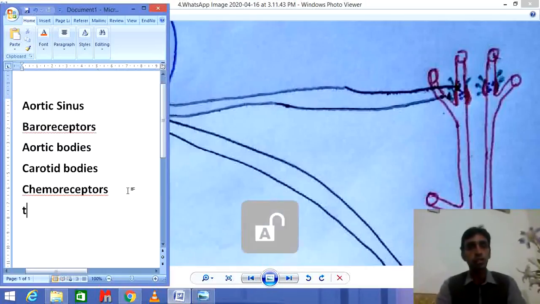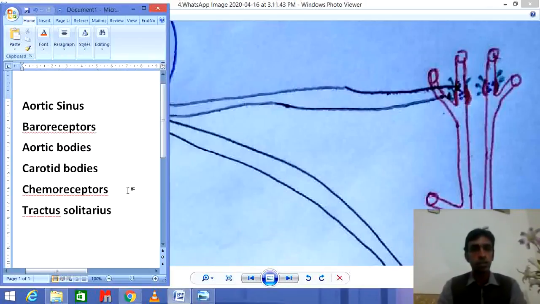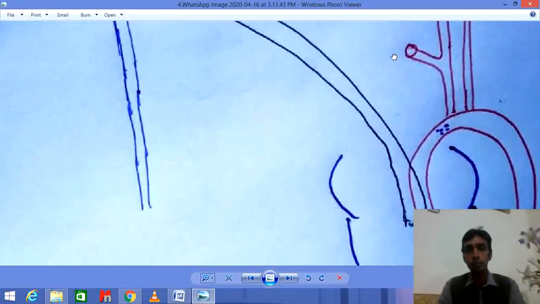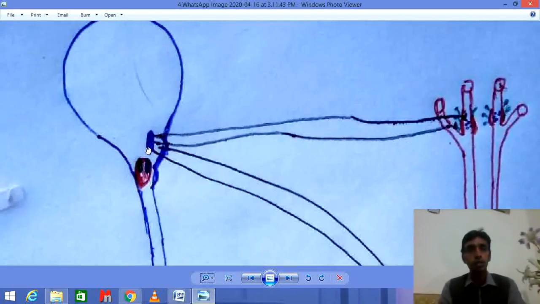This nucleus is called tractus solitarius. The tractus solitarius is responsible for the reception of the impulses from these bodies, from this area and from the lower area.